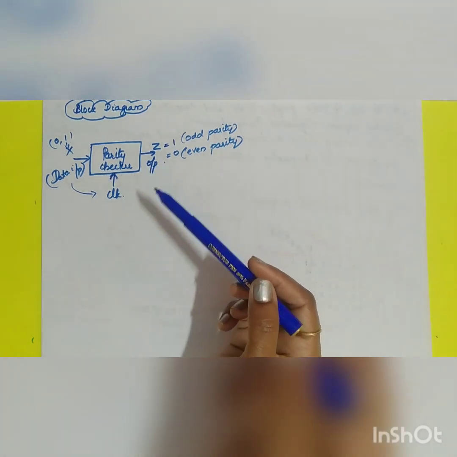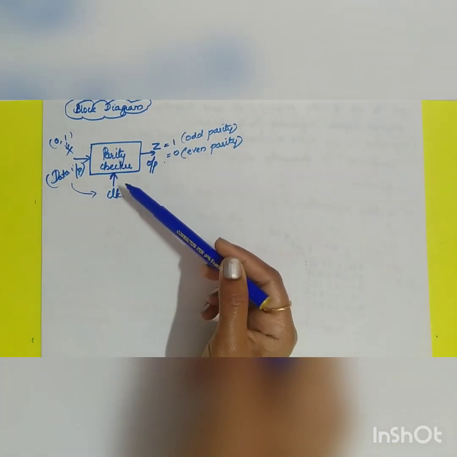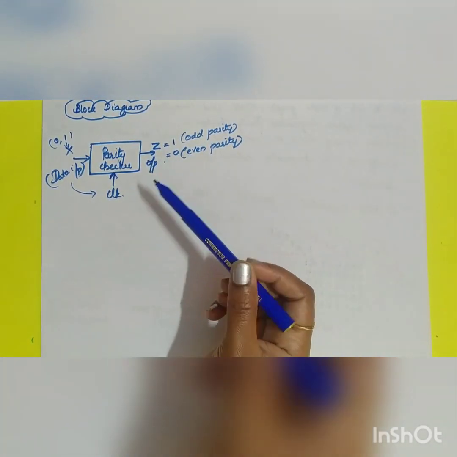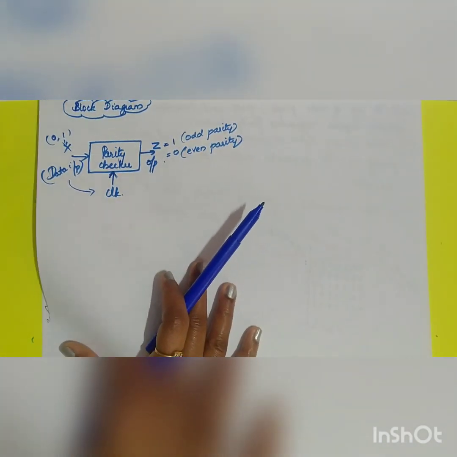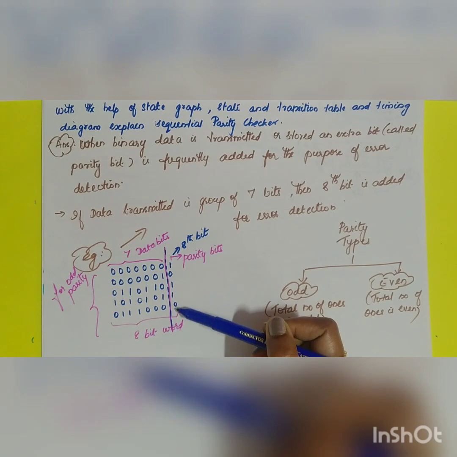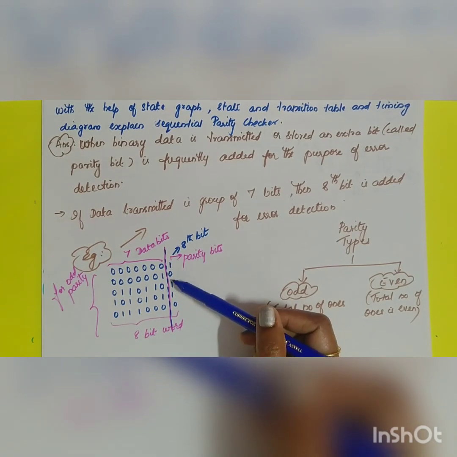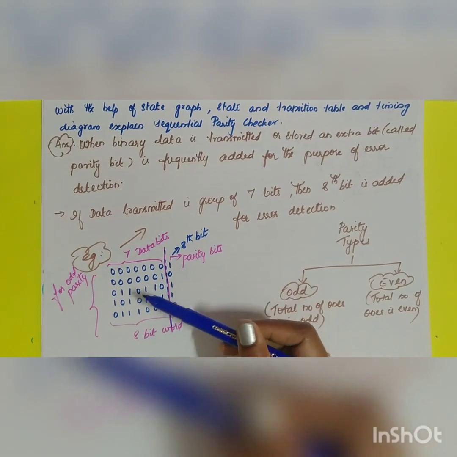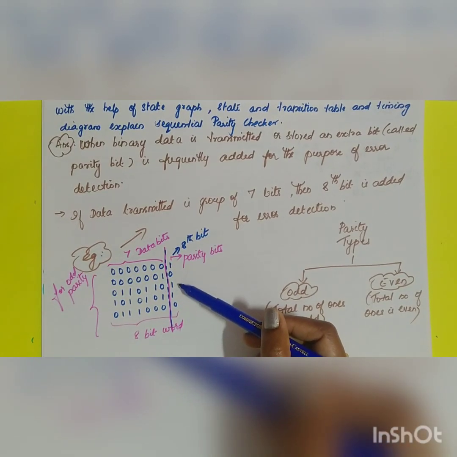This is one of the advantages of using the clock. In the previous example you saw odd parity, so if an even parity occurs, you know that an error has occurred. If Z is equal to 0, meaning even parity has occurred, you know that the error has occurred.